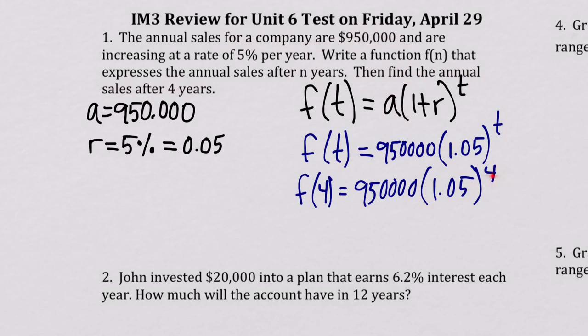You would do this part first, 1.05 to the 4th power, and then multiply times 950,000 to make sure you do your calculation correctly. So according to my calculator, it looks like I'm getting f of 4 is $1,154,73... oops, $1,154,573.09. That's what I get after 4 years.